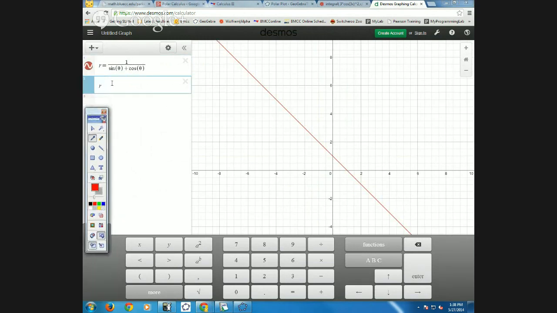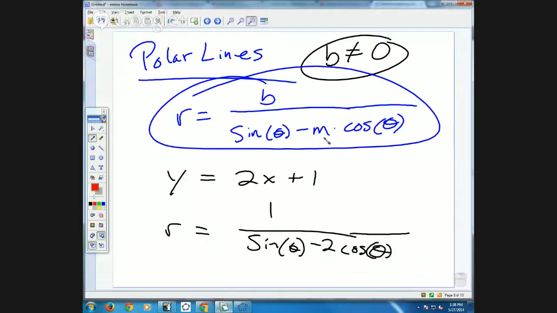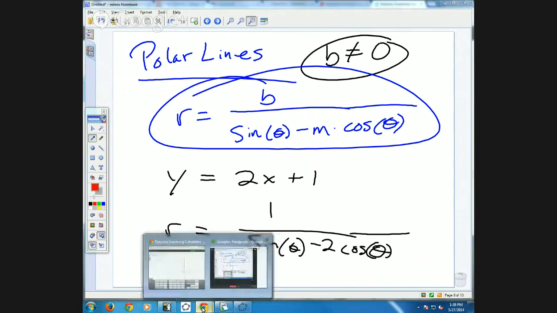And now I have r equals, what is your line? Oh, m is negative 1, so it'd be 1 over sine plus cosine. But I'm using theta. Right, theta, because we want to see the line. R is polar form. Yes, r equals stuff with theta is polar form. Correct. Excellent.